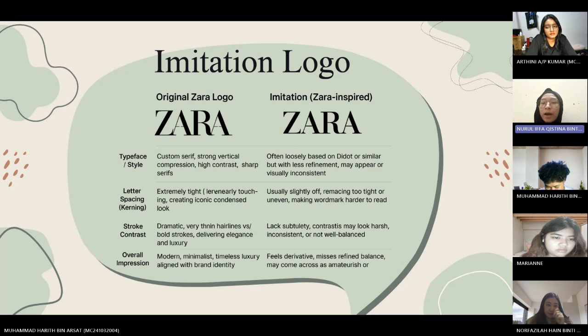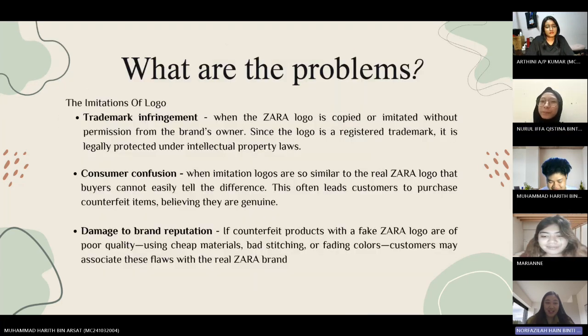The original has an extremely tight stroke compared to the imitation, and lastly, overall, the impression of the imitation looks so loose, and the feeling is kind of missed from the dramatic original Zara logo. That's all from me. Thank you, Ifa, for the explanation.